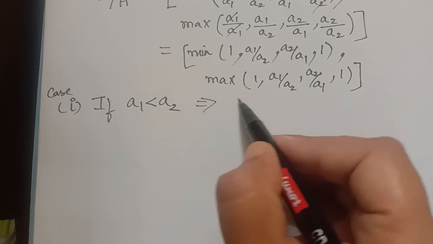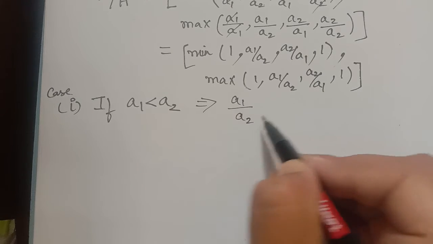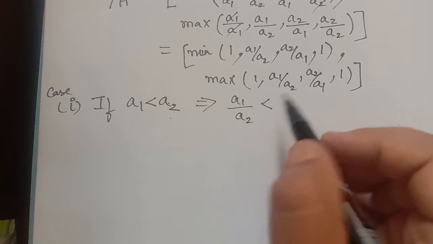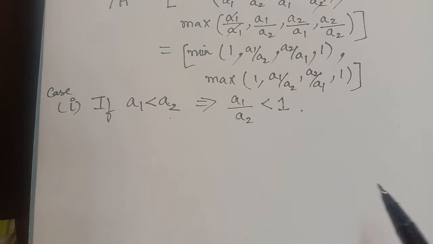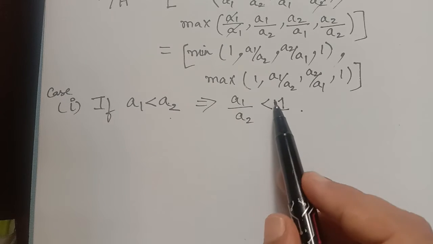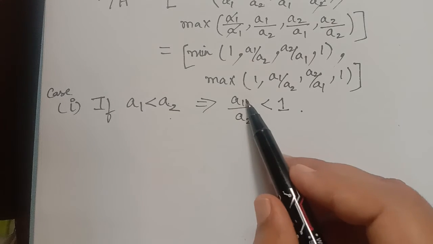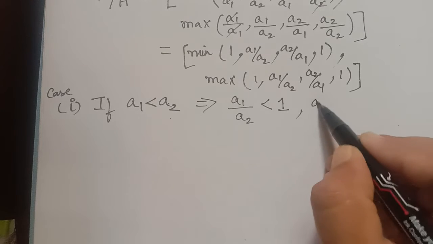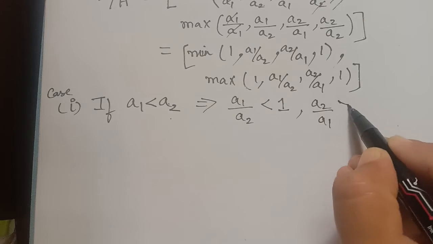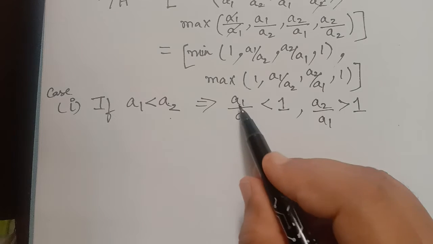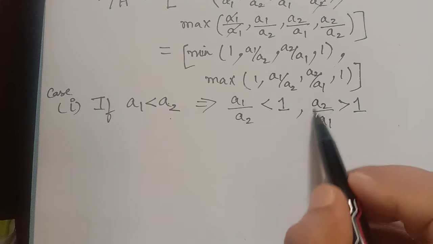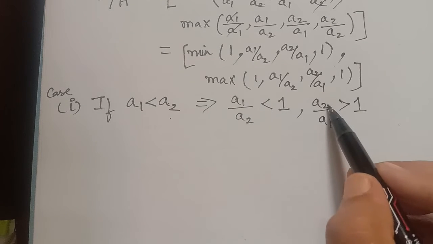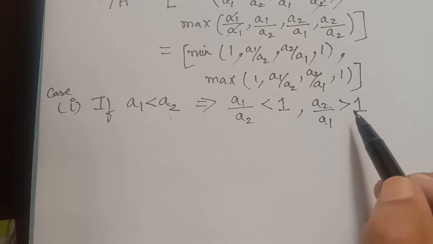From this we can say that a1 divided by a2 is lesser than a2 divided by a2, which is 1. So a1 divided by a2 is lesser than 1. Then its reciprocal a2 by a1 will definitely be greater than 1, because when we take the reciprocal, the sign gets changed.